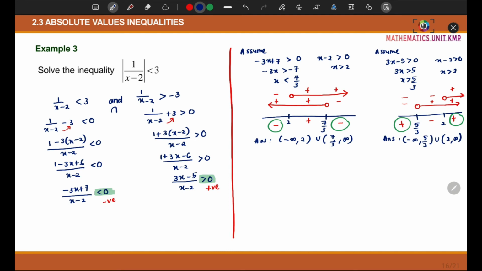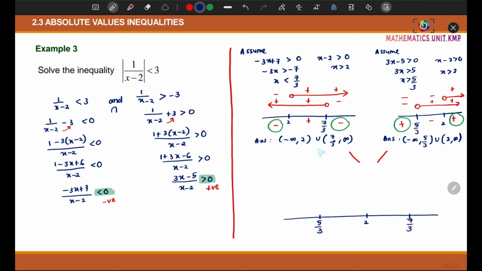Okay, so we have separated our absolute value and calculated it separately. Then we need to combine these two answers. So make a big number line and write the values from the answers here: 5/3, and then 2 and 7/3.